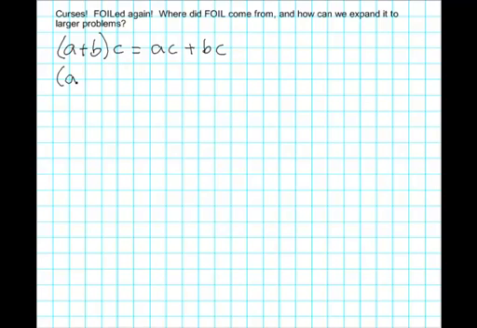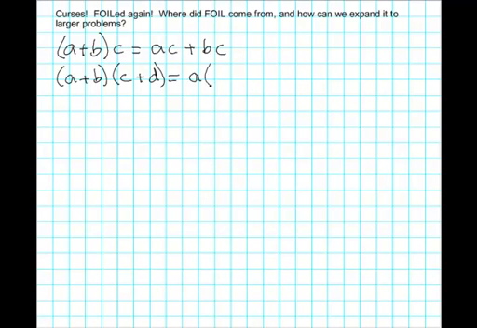Okay. Now, to do FOIL, what I need to do is replace this multiply by C with multiply by another quantity. For example, the quantity A plus B times the quantity C plus D. I'm going to do exactly the same thing with this quantity C plus D as I did with the C. I'm going to distribute the entire quantity into the first quantity.